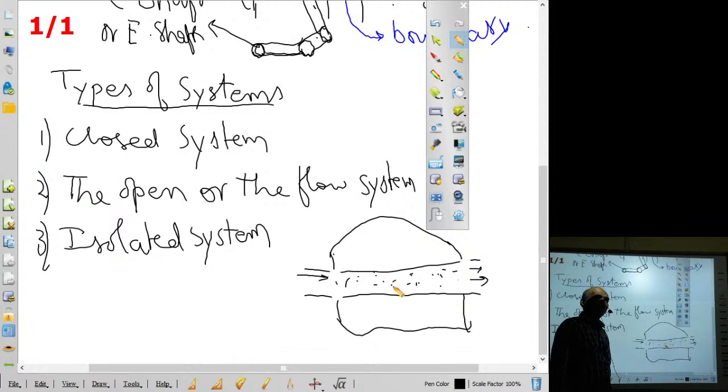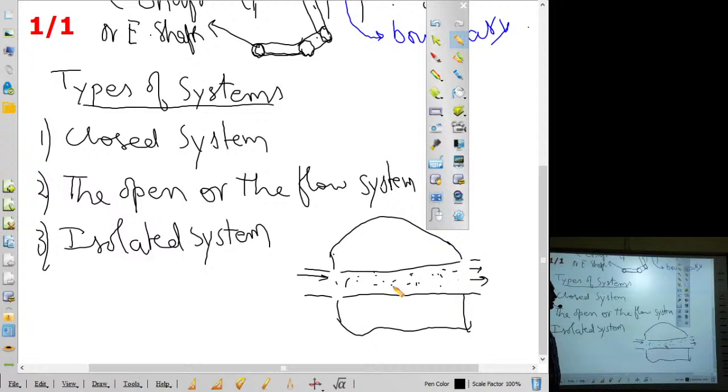Okay. So now, the example for the flow system is that there is a boundary that is open and fluid is flowing. Uniform flow, it is called the uniform flow system. So flow of fluid through a duct, through a pipe, is a good example for the flow system.